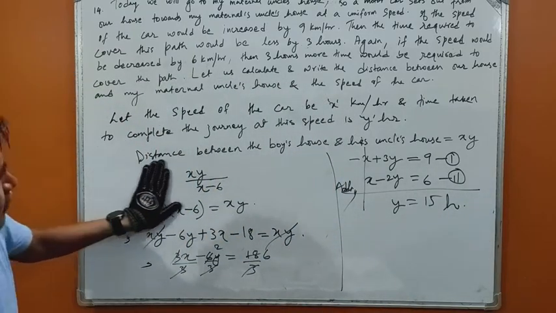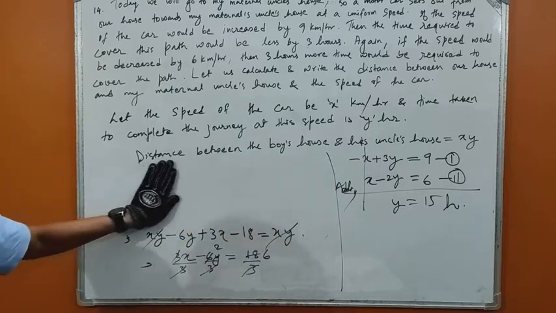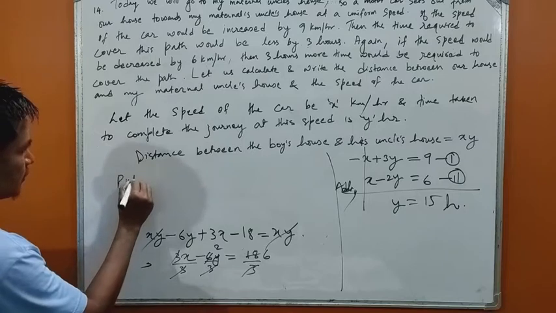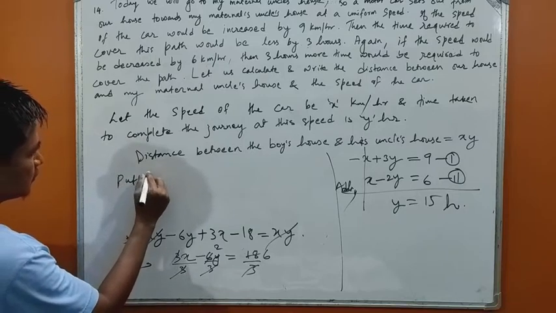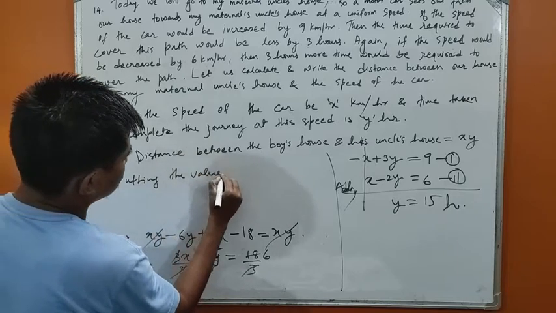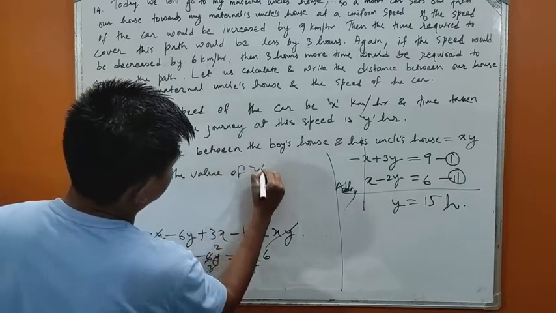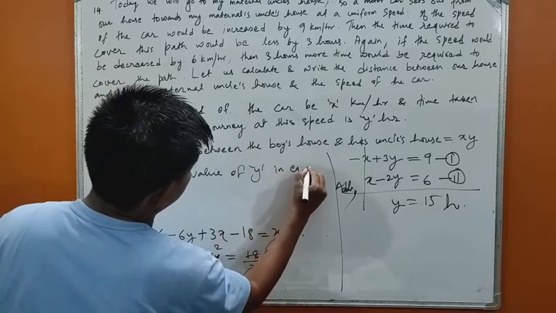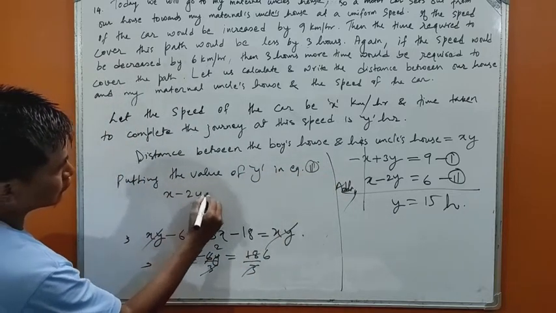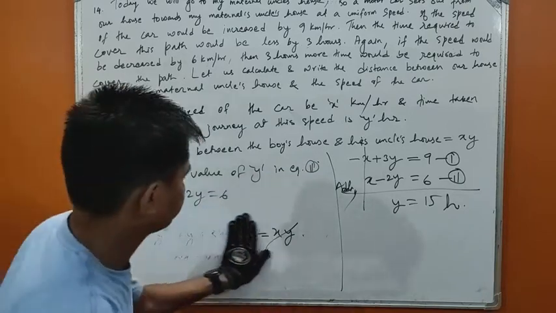I am erasing this. So putting the value of y in equation 2. Okay, in equation 2 we have x minus 2y equals 6, isn't it?